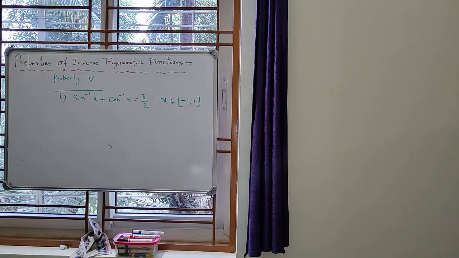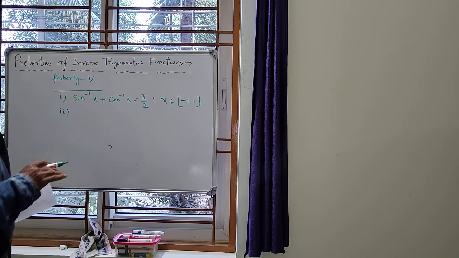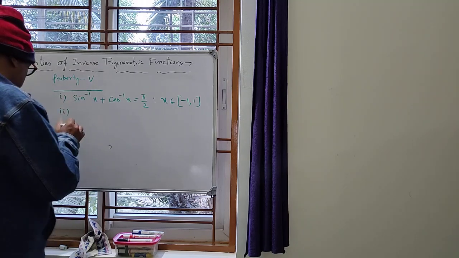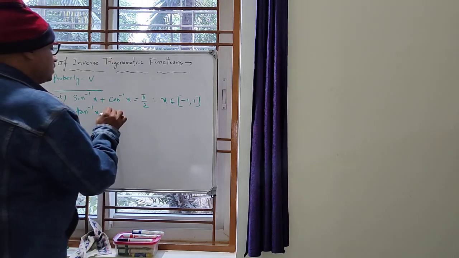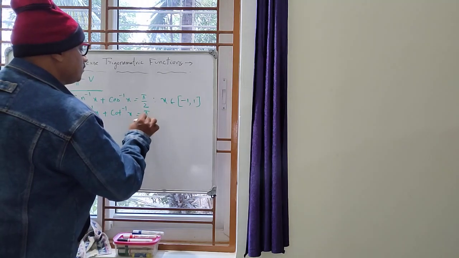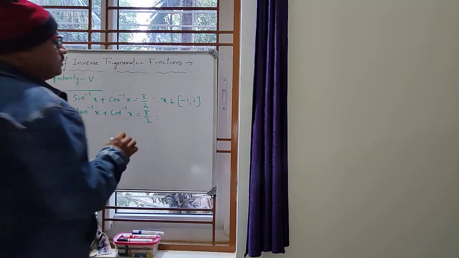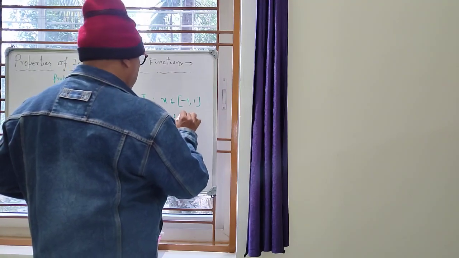Subproperty 2, tan inverse x plus cot inverse x equals pi by 2, that is, x belongs to R.